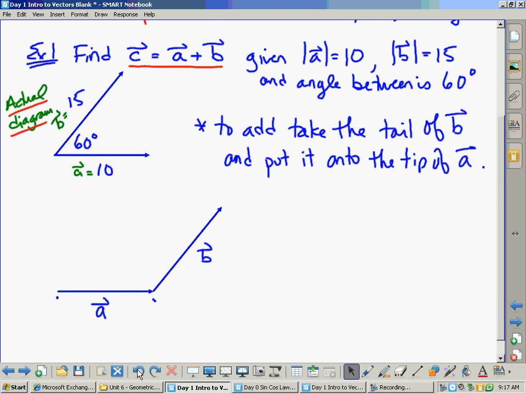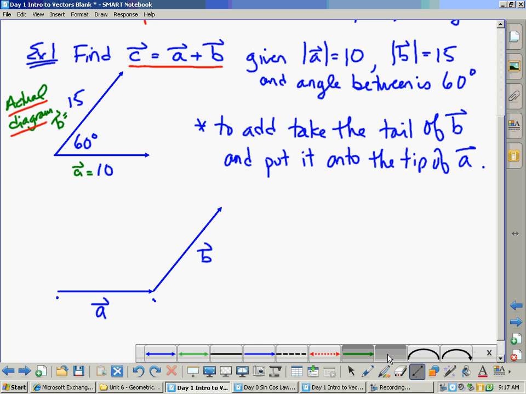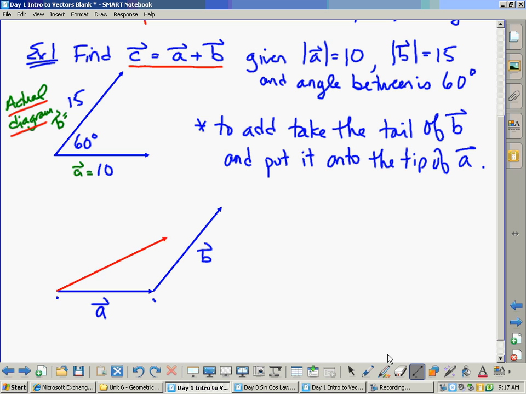C is a single vector that describes the beginning to the end. So this vector here is defined from here, and we ended up traveling through A plus B and ending up at that point there. And this new vector is C, and it is the resultant of A plus B.